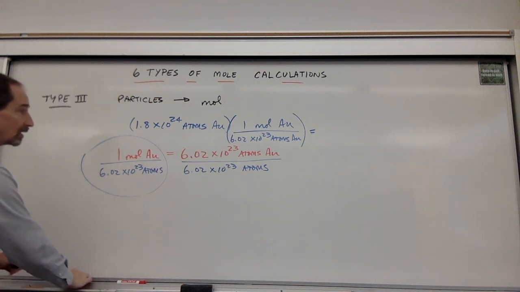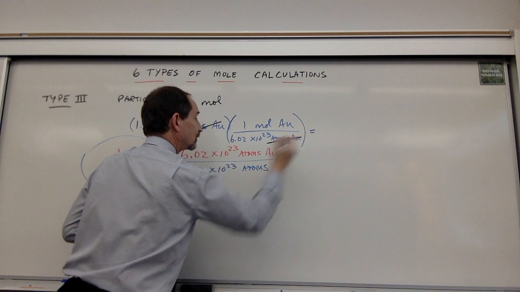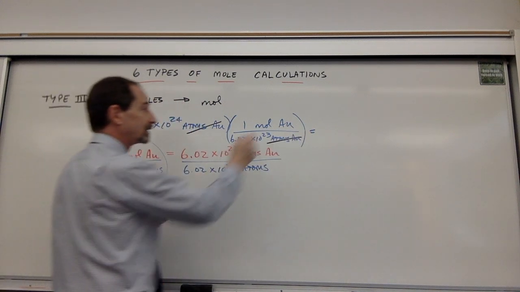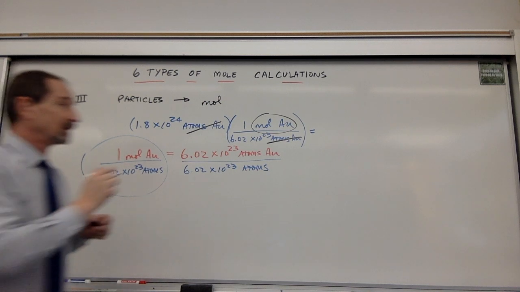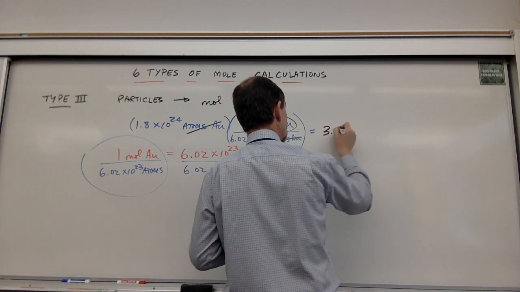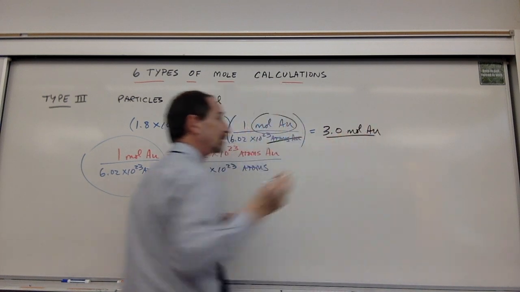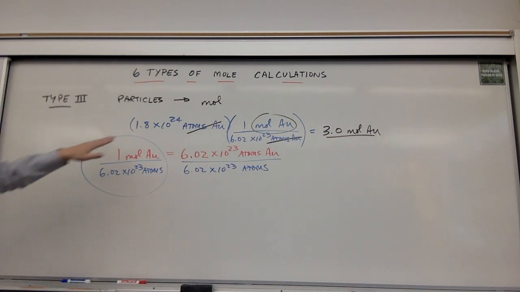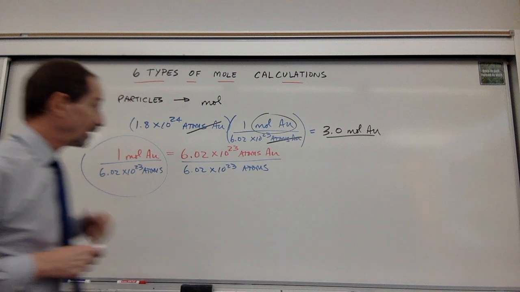Once again, if we have set this up correctly, atoms cancel out, and the unit left is simply moles of gold. This will work out to be exactly 3.0 moles of gold. Again, 2 significant figures in my question, 2 significant figures in my answer. That's type 3.